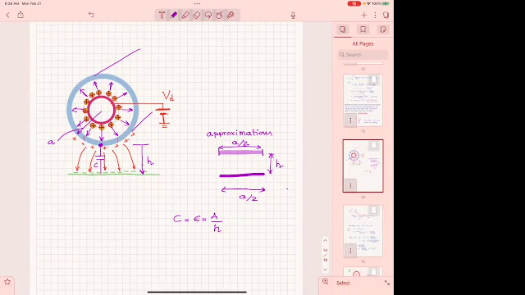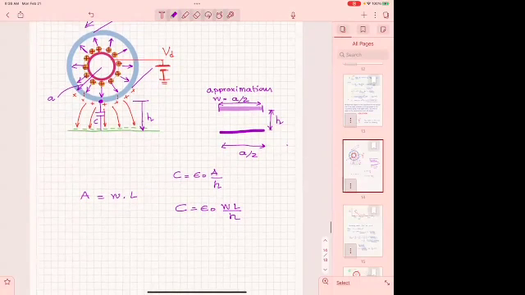So this capacitance here is going to be per unit length, which means that if my area is the width times length, assume that this was length, then whenever I get C to be epsilon naught WL over H, this is the total capacitance.